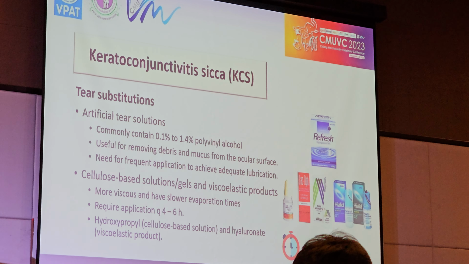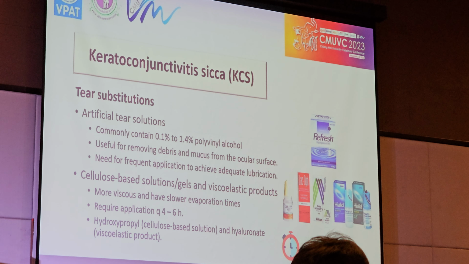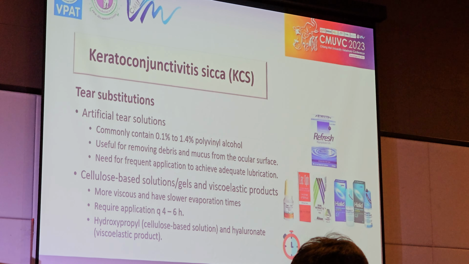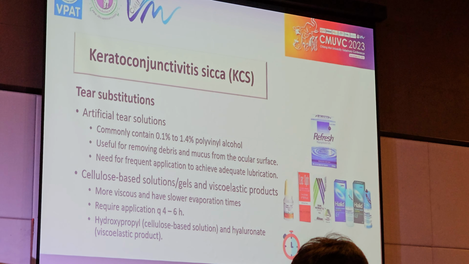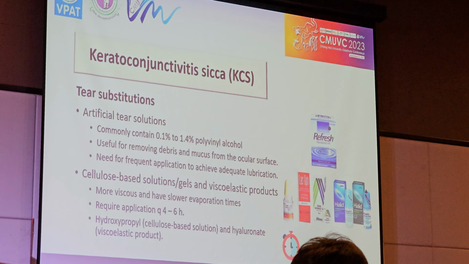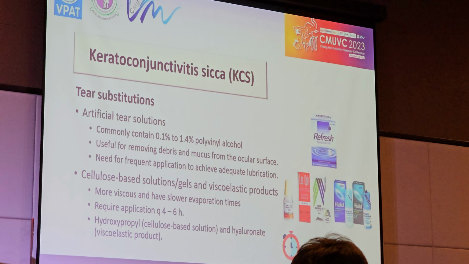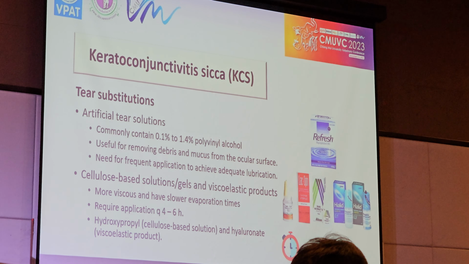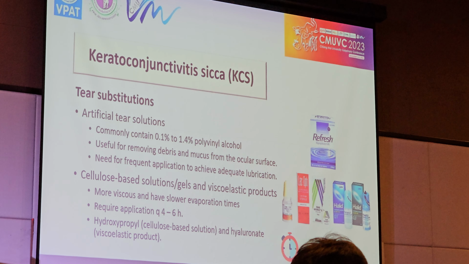The second choice is the cellulose-based solutions or gels, such as hydroxypropyl methylcellulose, and the viscoelastic products such as hyaluronate. They have a more viscous texture and slower evaporation times, so they require less frequent application, about every 4 to 6 hours.